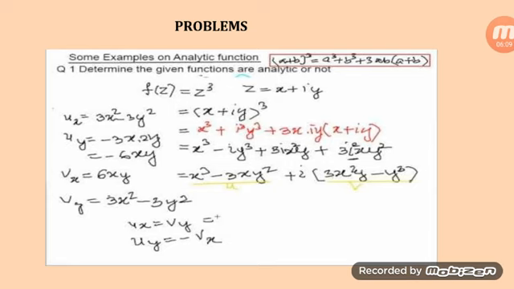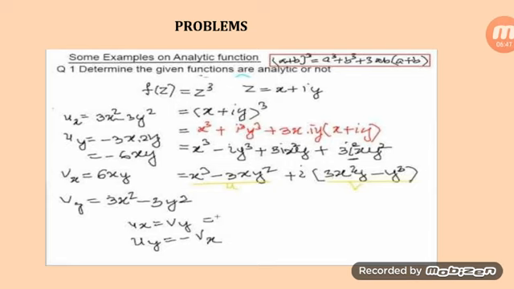So our work is to check whether it satisfies the CR equation. What is the CR equation? Ux equal to Vy, Uy equal to minus Vx. So first of all, you are going to differentiate with respect to x. If you differentiate u with respect to x, what is the differentiation of x cube? 3x square minus, you can take y square as constant, only x you differentiate, x gives 1, so minus 3y square you will get.